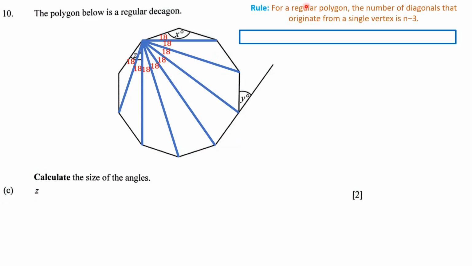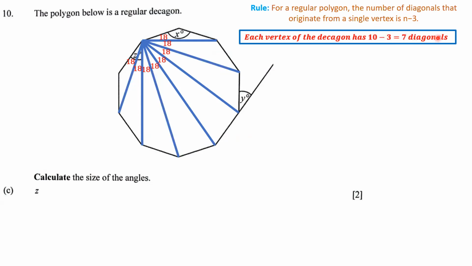The rule says that for a regular polygon, the number of diagonals that originate from a single vertex is n minus 3, where n is the number of sides. Each vertex of this decagon has 10 minus 3 diagonals, which means it has 7 diagonals.